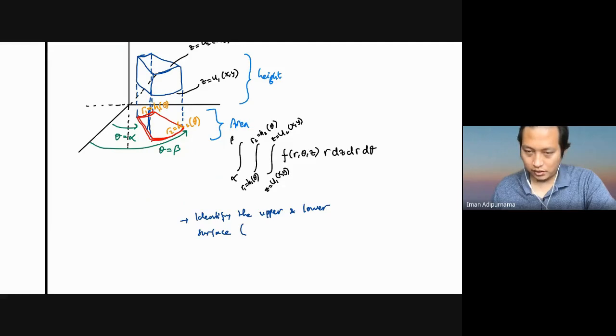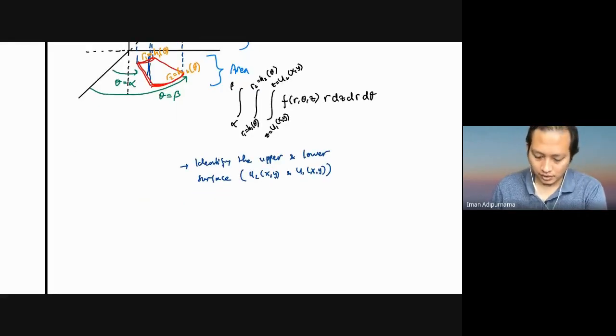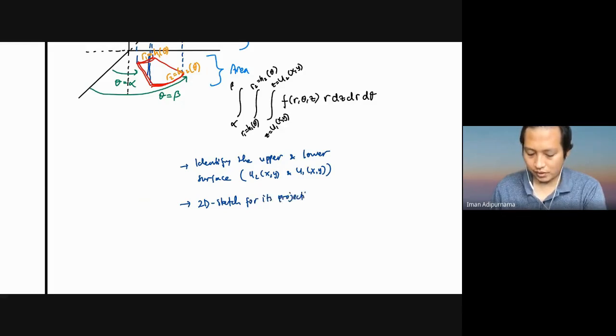This is the u2(x,y) and u1(x,y), but actually it can be in any plane, like for example xy, yz, xz. And then of course the second one is you need at least to make the 2D sketch for its projection.